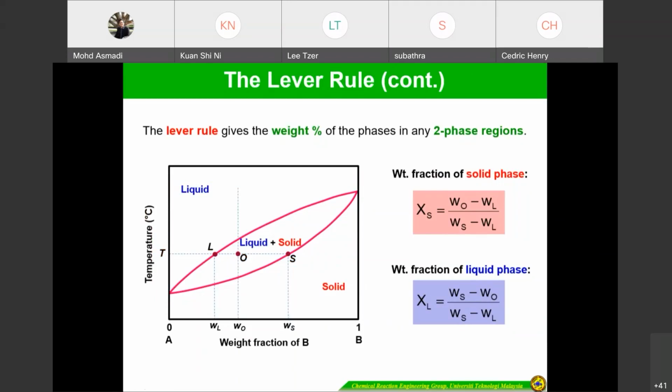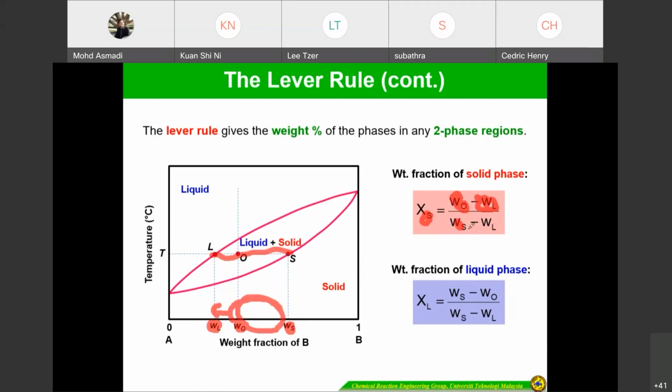For the fraction of the solid, this is W0, the initial weight. WL, you know this WL, and WS. So W0 minus WL, this one minus this one.